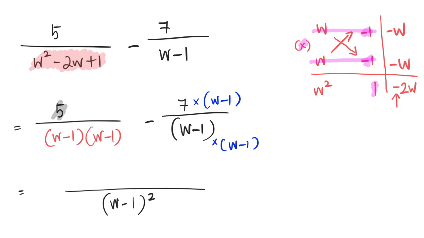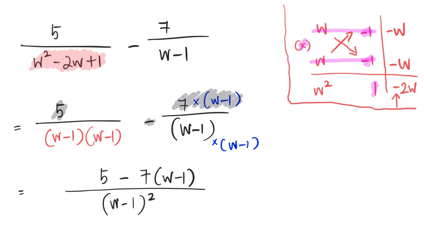I have my 5 minus 7 times W minus 1. And okay, let me just create some space here so that finally you will see Mr. Tan writing this down.